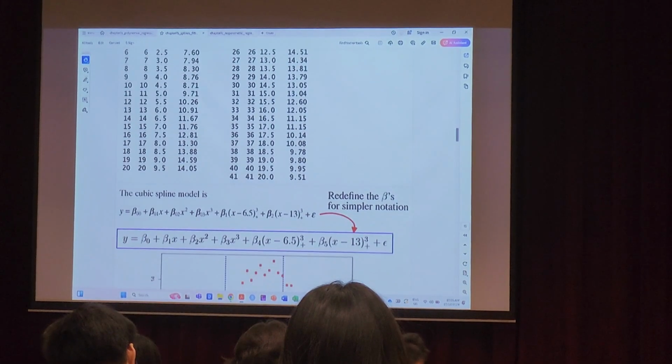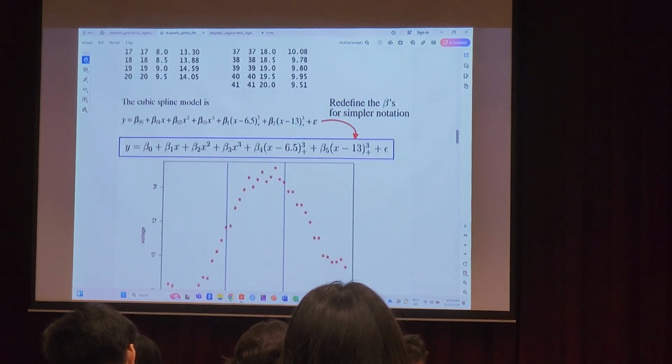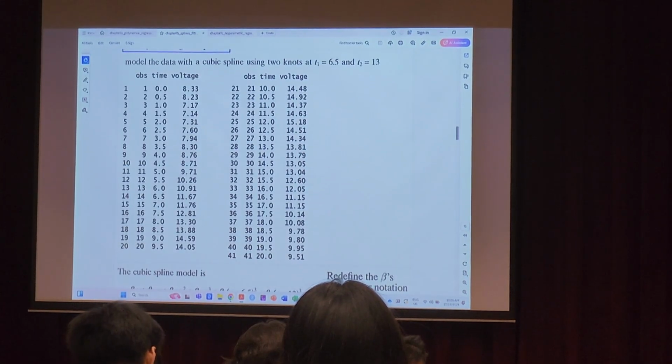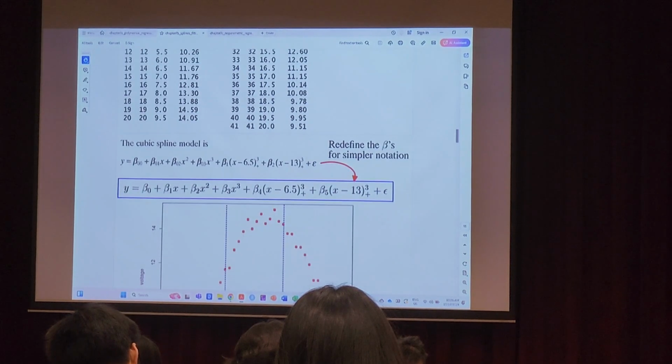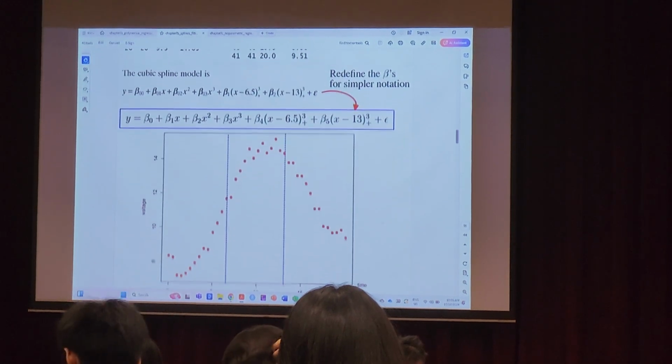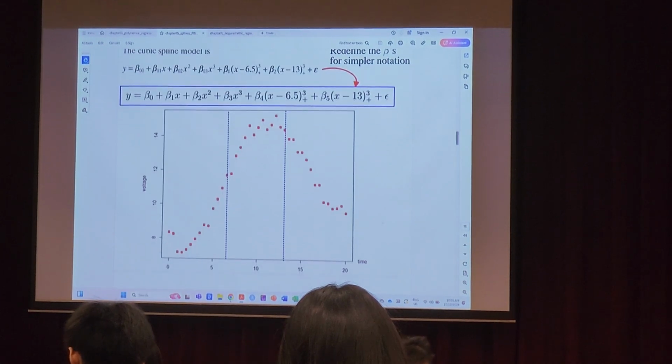Voltage is my response variable, and time is the explanatory variable. So here's a plot of the data right here.